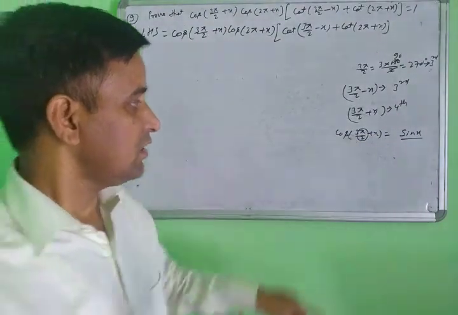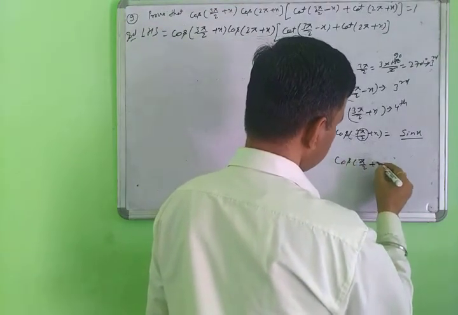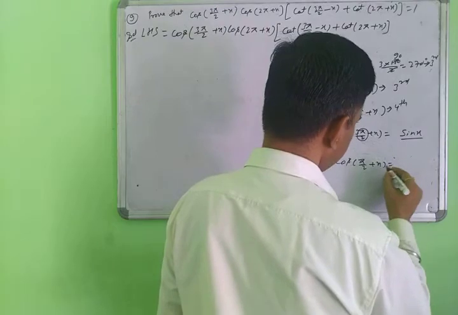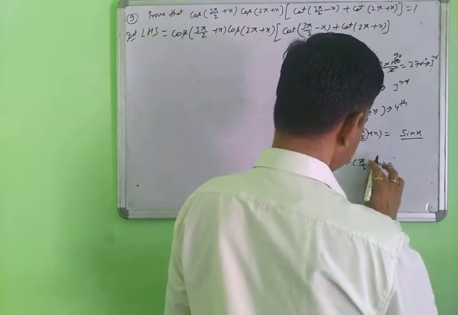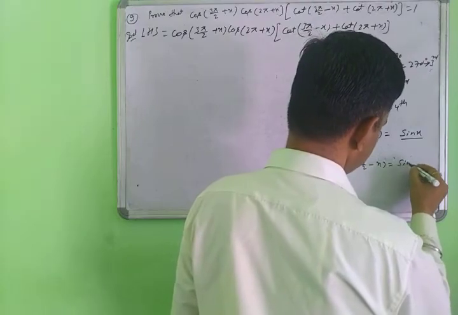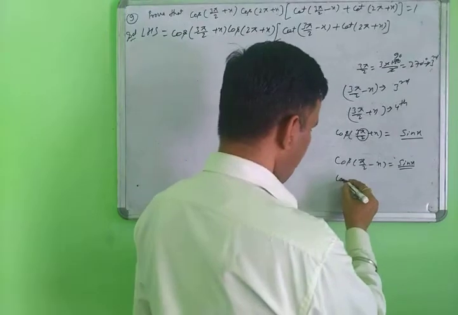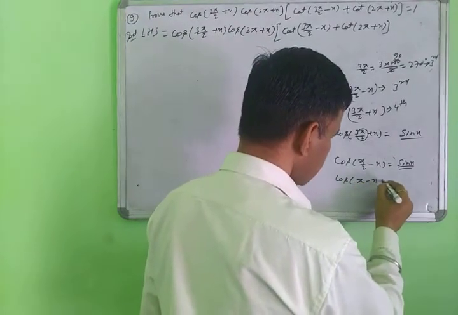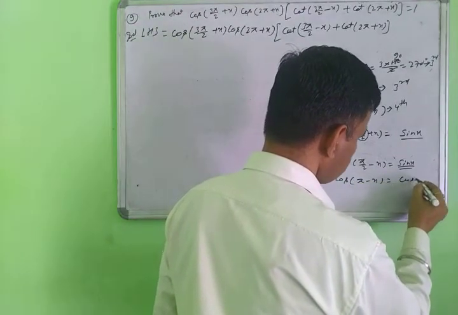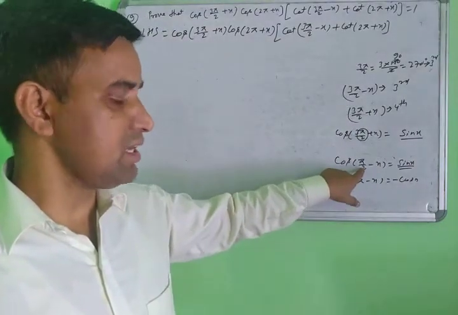Suppose in the 90 form you use cos(90 + θ) or cos(90 − θ), then we get sin θ. But if you use cos(π − θ), you get minus cos θ, because this is the form of 180, while the other is the form of 90.